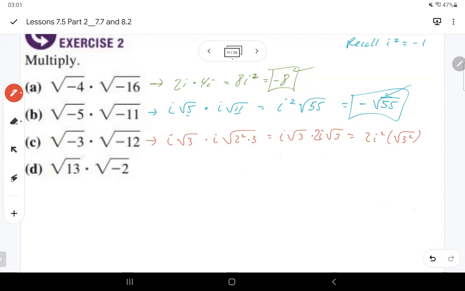So that will become 2 times 3 times i squared, which is 6 times -1, which is -6.